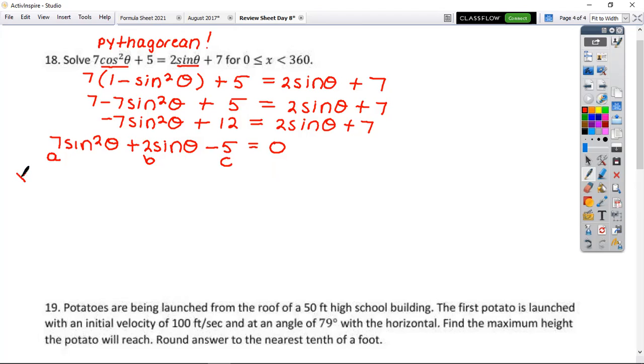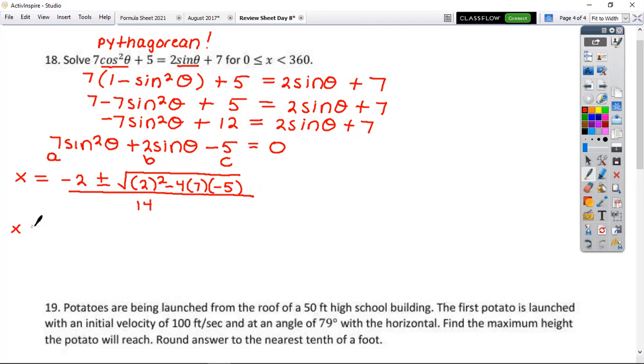And I'm going to go x is equal to negative 2 plus and minus square root of 2 squared, and then minus 4 times A times C, and then all divided by 2 times A, which would be 14.